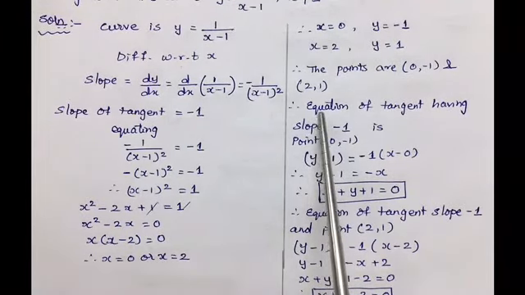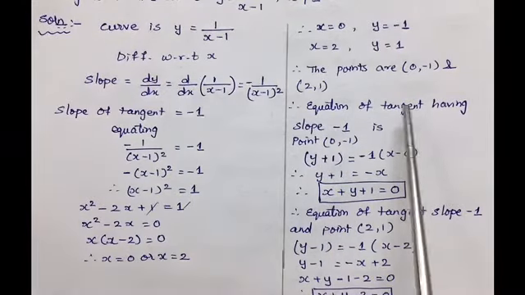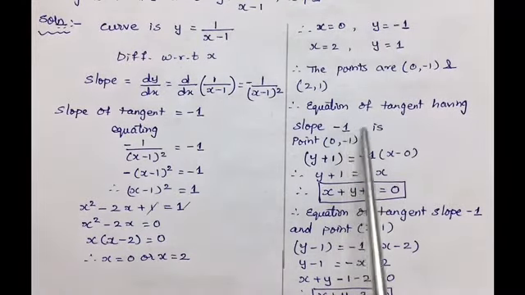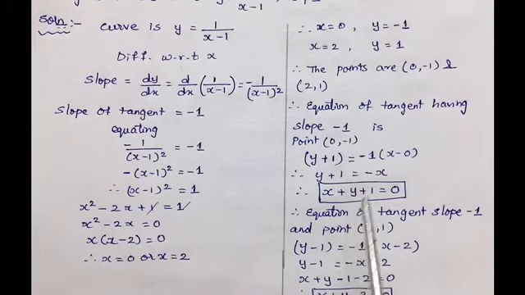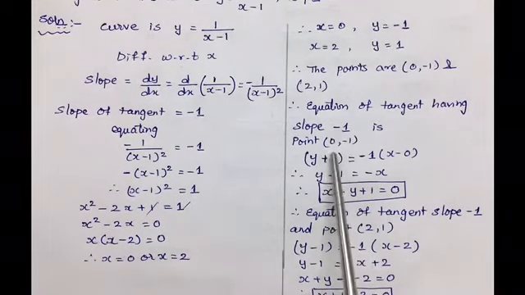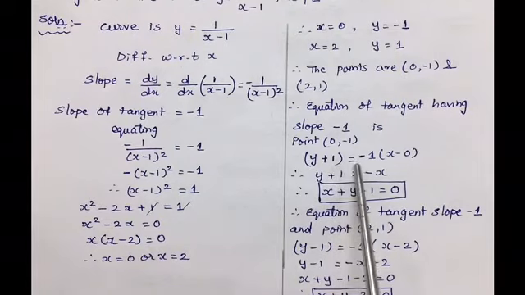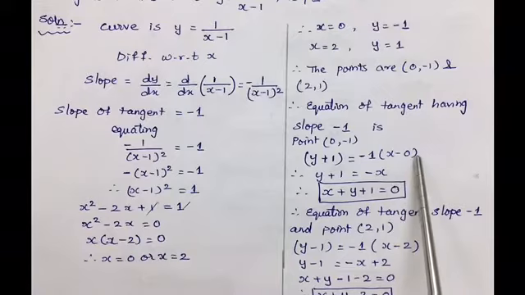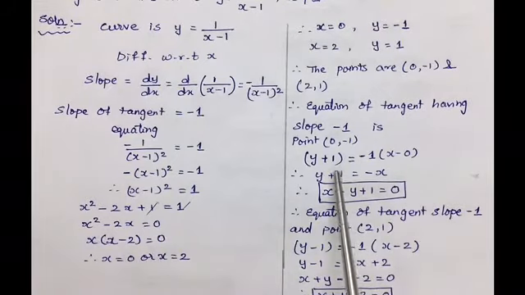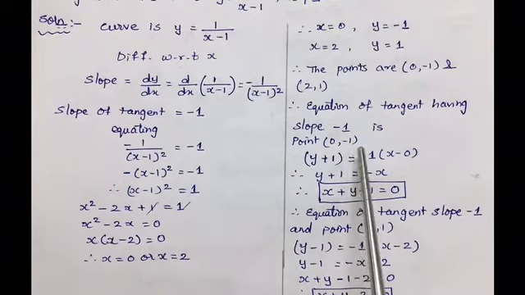Now calculating the equation of tangent, slope will be minus 1, but the point will be different in both the cases. When the point is (0, -1), using the formula y minus y0 is equal to slope times x minus x0. So the value of x0 and y0 is 0 and minus 1.